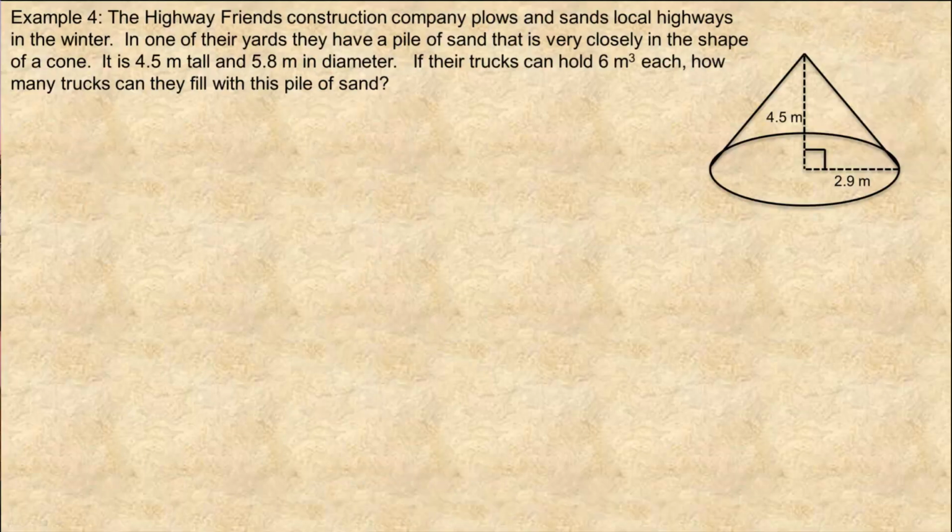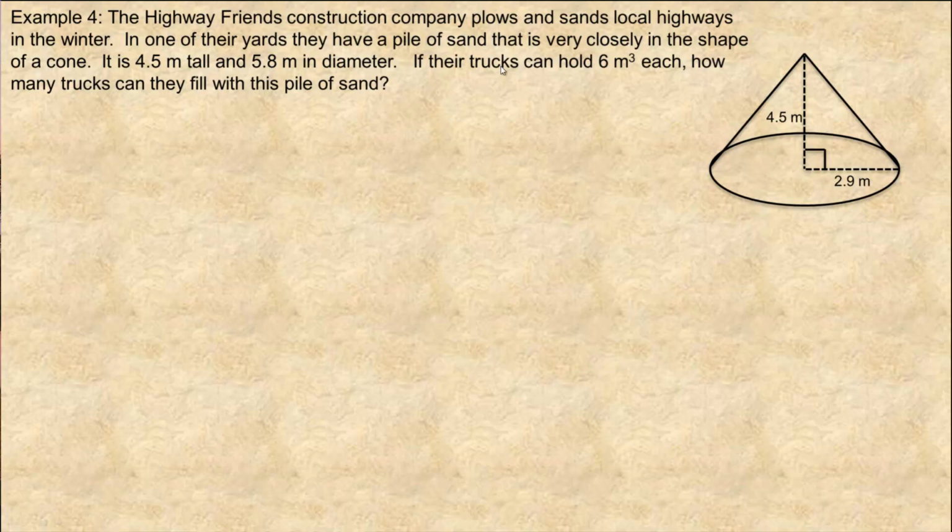Example number 4 here, the Highway Friends Construction Company, they plow and sand local highways in the winter. And in one of their yards, they have this pile of sand that is very closely in the shape of a cone. It's 4.5 meters tall, and it's 5.8 meters in diameter.